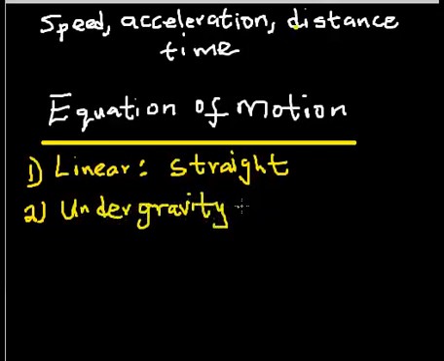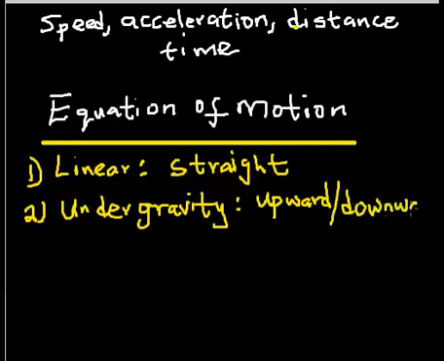If it's a motion under gravity, it simply means that it is either moving upward or downward under the influence of gravity. Or we ask ourselves, is this motion a form of a projectile?